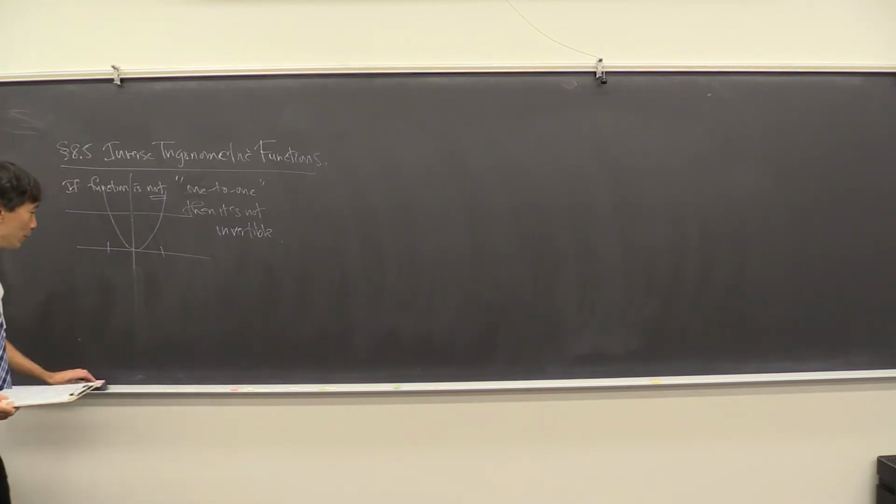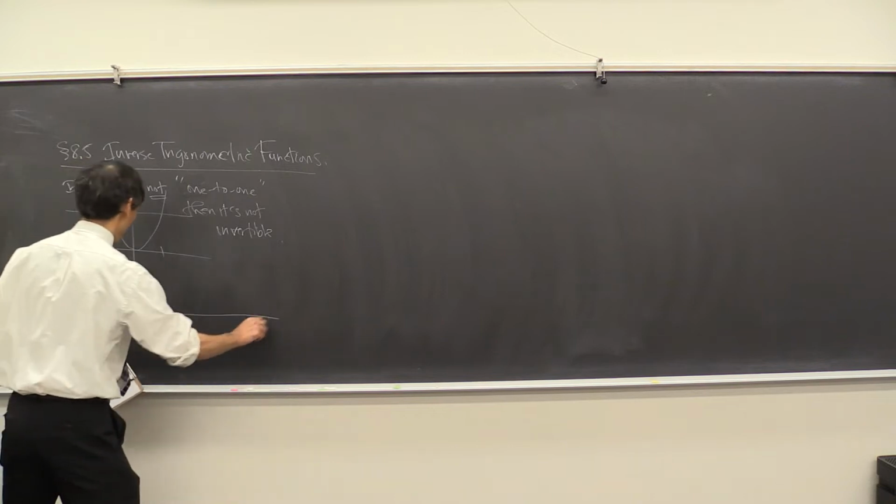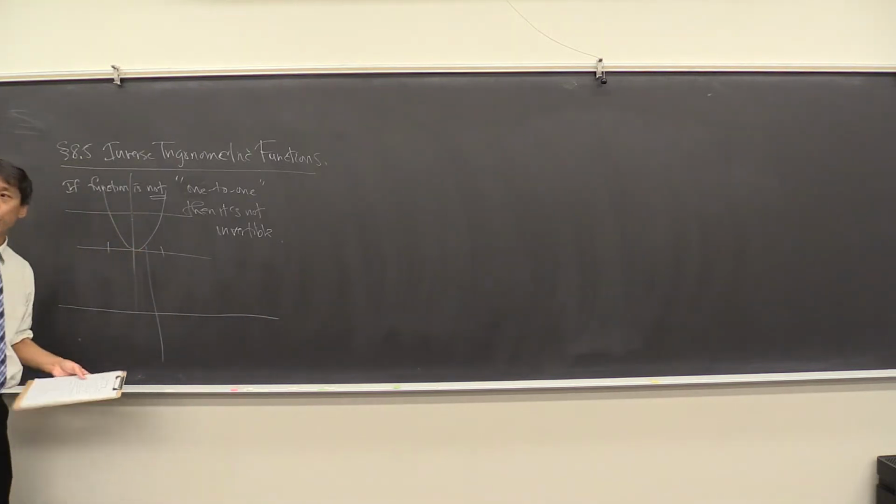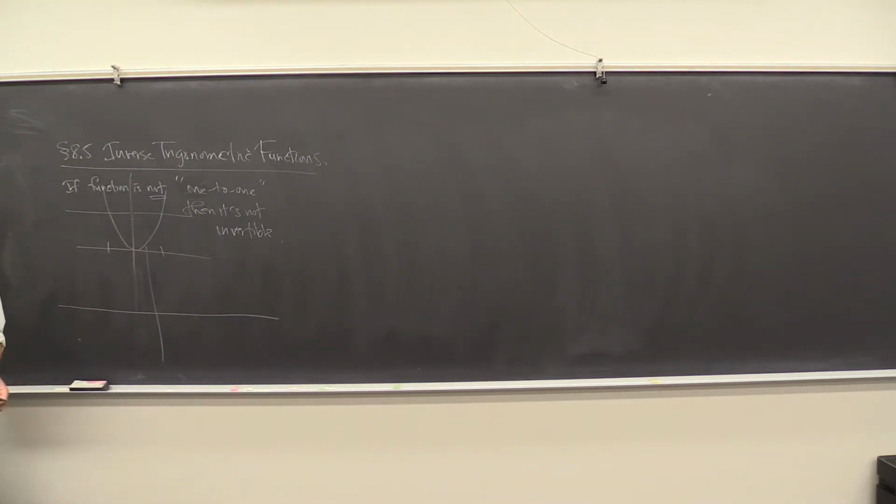Well, what about the sine function? Is that a 1-to-1 function? If I say that the sine is 0, can you tell me what the input was? The output is 0. What was the input?